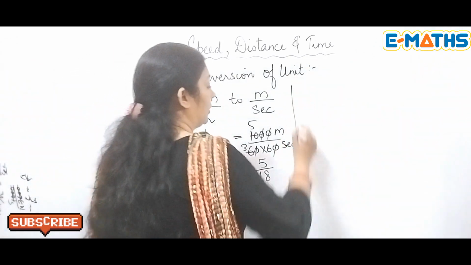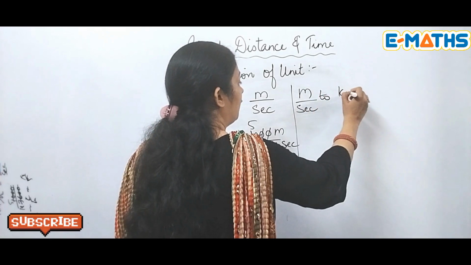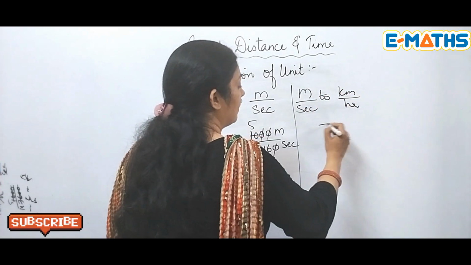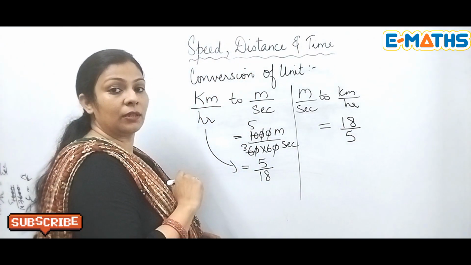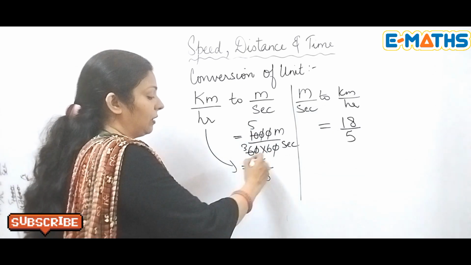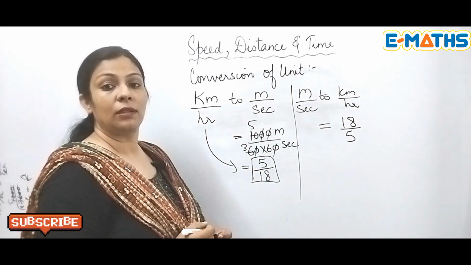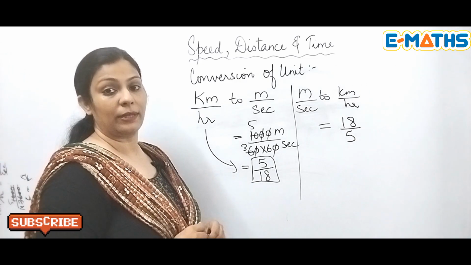If you have to convert meter per second to kilometer per hour, then this will be the reciprocal, since you are doing the opposite. So that's how you need to convert the unit if it is asked in the question.